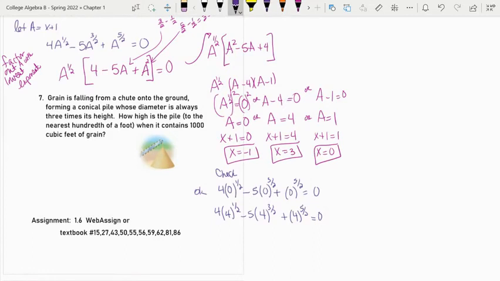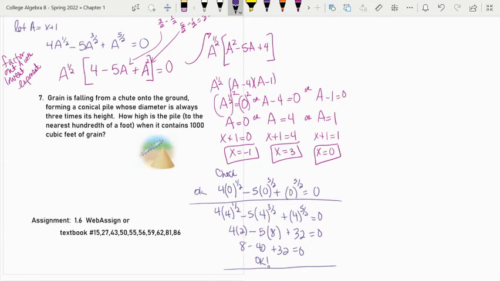So this is 4 times 2, minus 5 times, so that's 4 to the 3/2 would be 8. And then 4 to the 5/2 would be 32. So that's 8 minus 40 plus 32. Will that check? Yep. So the first two check.